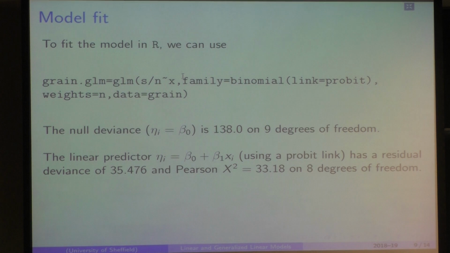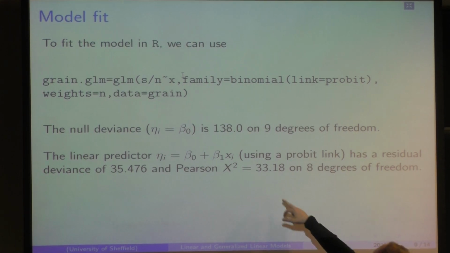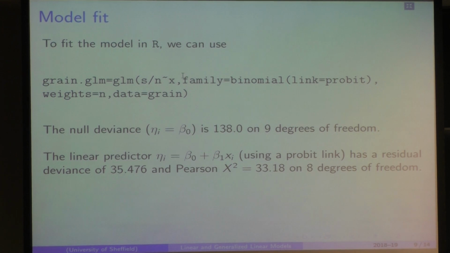You can also work out the Pearson chi-squared, which is a little bit smaller, 33.18. Degrees of freedom here: 10 data points, and we've estimated 2 parameters, so there are 8 degrees of freedom here.